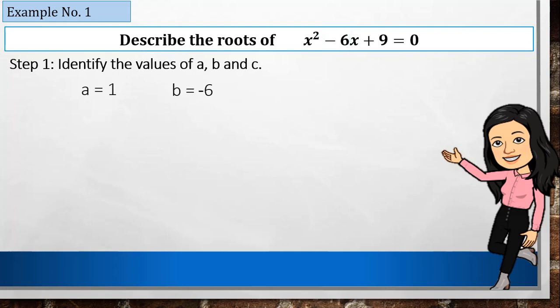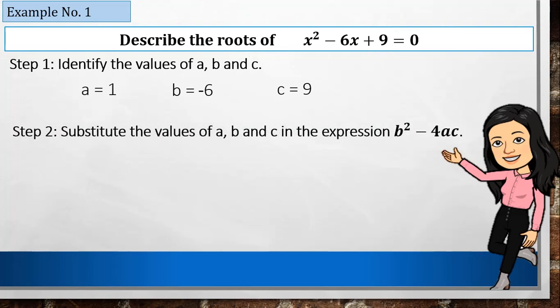And then si c ay positive 9. Next, step 2, substitute the values of a, b, and c in the expression b squared minus 4ac. So palitan natin si b ng negative 6, minus 4, si a palitan ng 1, and then si c palitan ng 9. And then simplify.